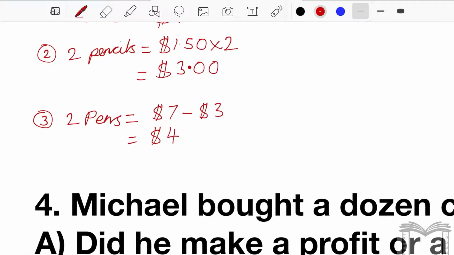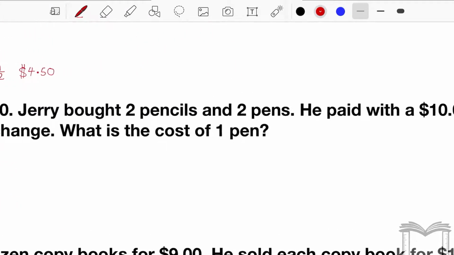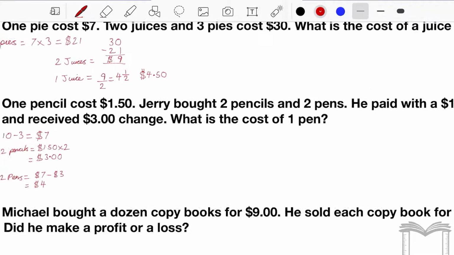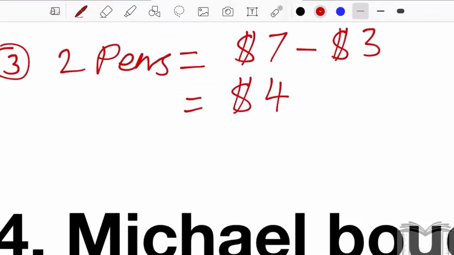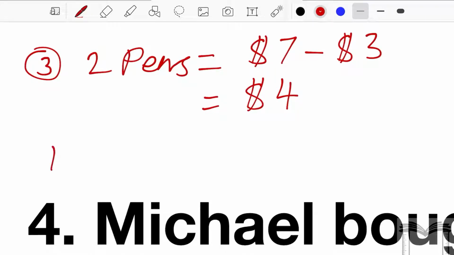So if we know the cost of the 2 pens is $4, and they're asking us what is the cost of 1 pen, we must divide 4 by 2.